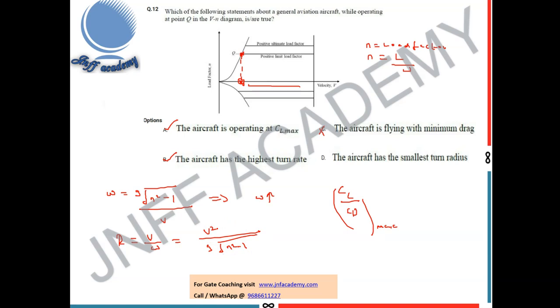Now, since your V is very, very small, because you are flying at a minimum speed here, you see this region, obviously the radius of turn will also be less. As V is minimum, the turning radius of the aircraft will also be small. So the aircraft has the smallest turning radius. So options A, B, and D, all three are the correct statements.